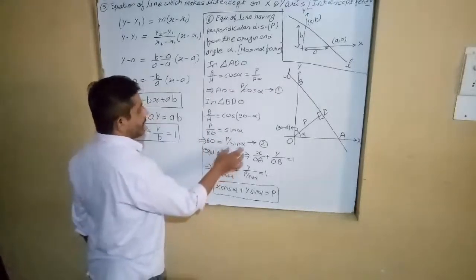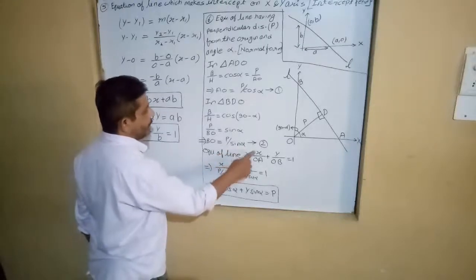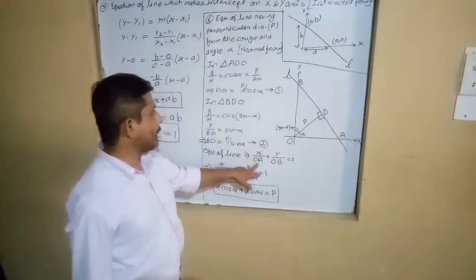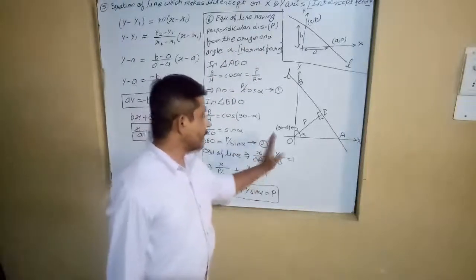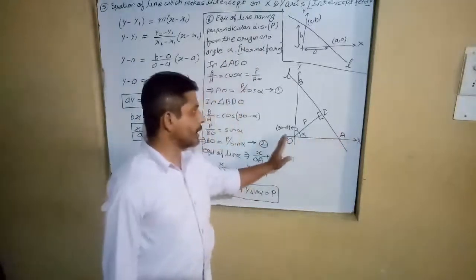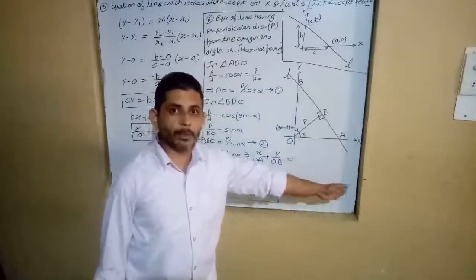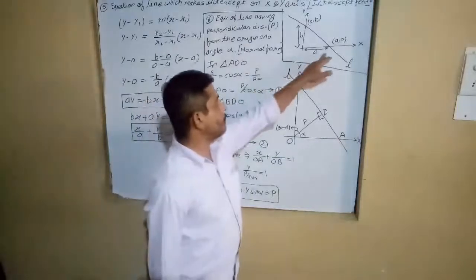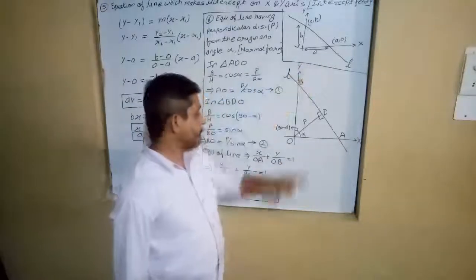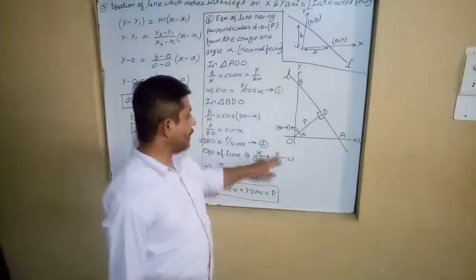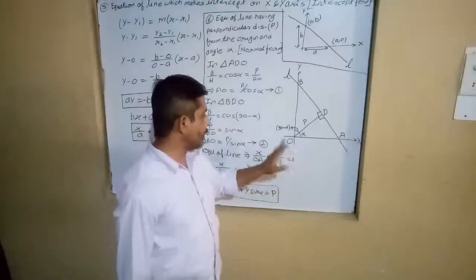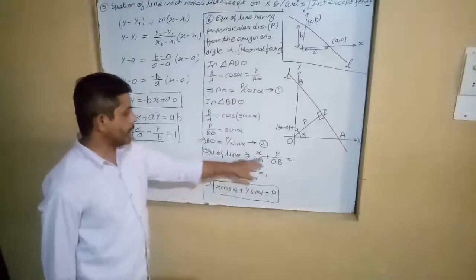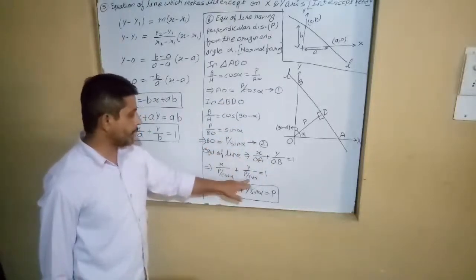Now we apply the equation of line in intercept form: x upon a plus y upon b is equal to 1, where a is the distance from the origin where the line intercepts the x-axis, here OA, and b is OB. The value of OA is equal to P upon cos alpha, and the value of OB is equal to P upon sin alpha.